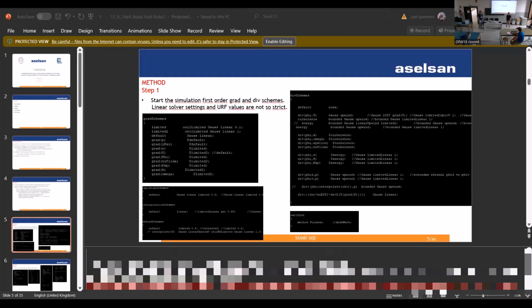I have one question that you kind of answered in the very beginning when we were talking about the tet and the hex. But maybe I'm biased because I'm more used to hex meshes. But do you really need to move to tet when it comes down to a wing or an aircraft? Of course, for this kind of case, I use the wing or the F6 aircraft because these are well-known benchmark cases with experimental values.